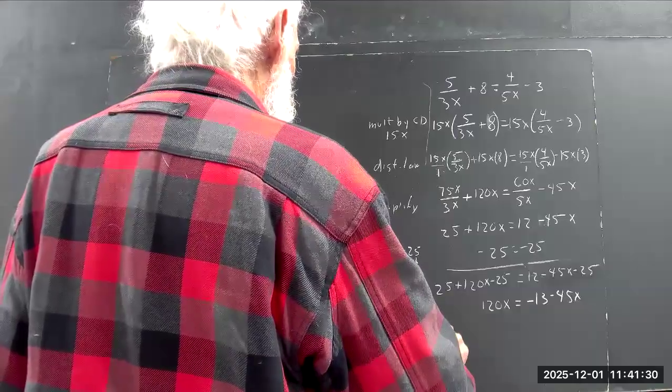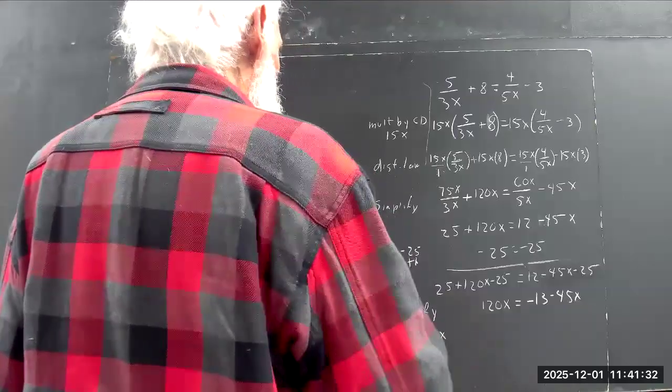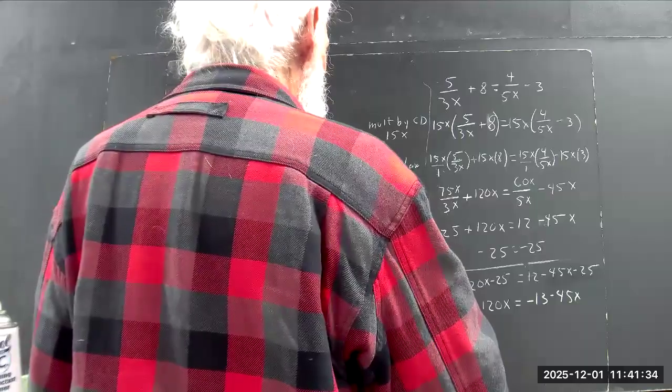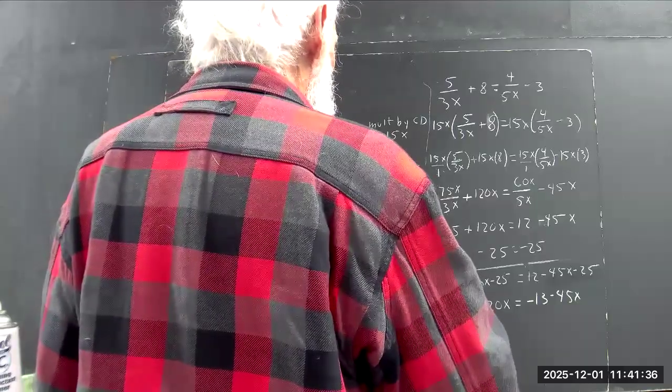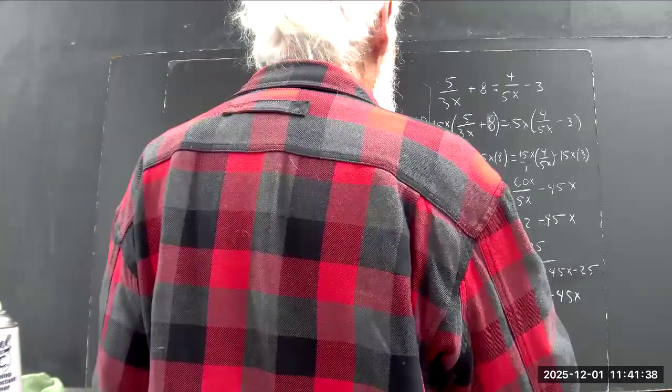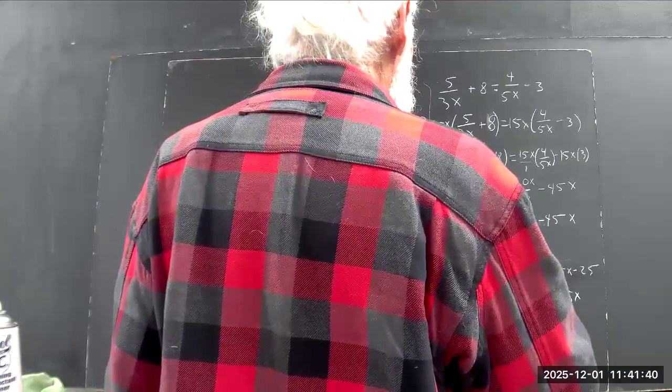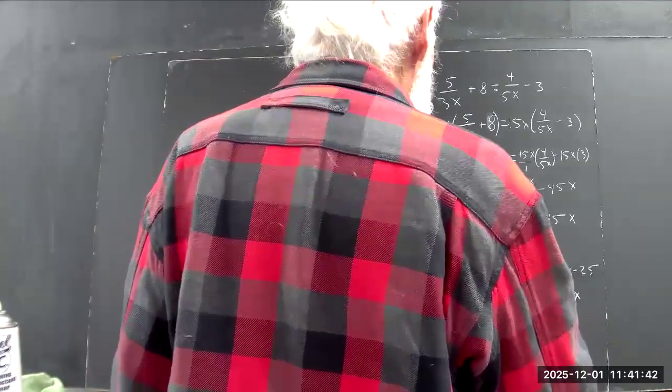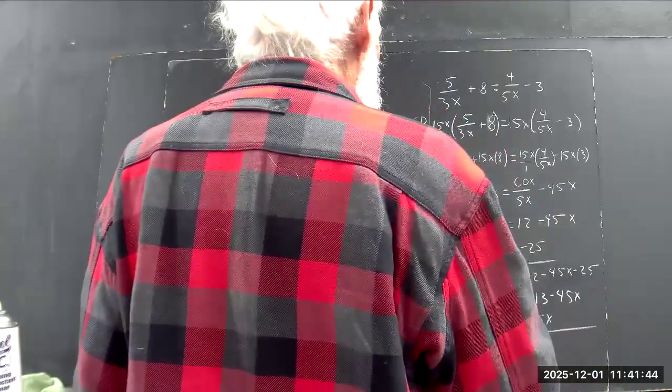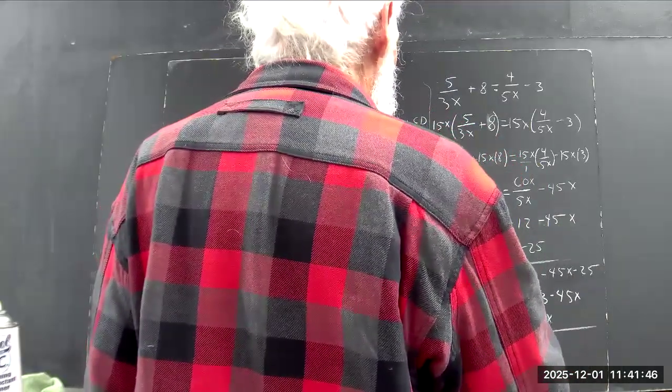Then I had 45x, both sides. So I'm going to put 45x equals 45x, which is going to give me 165x here.